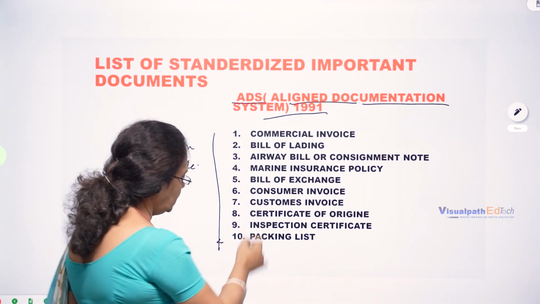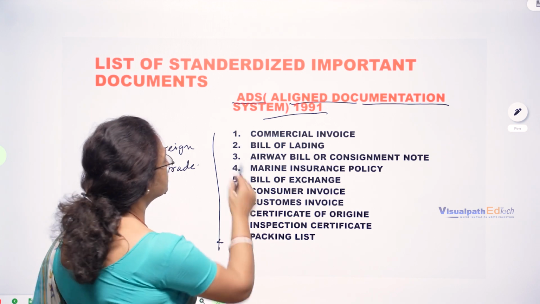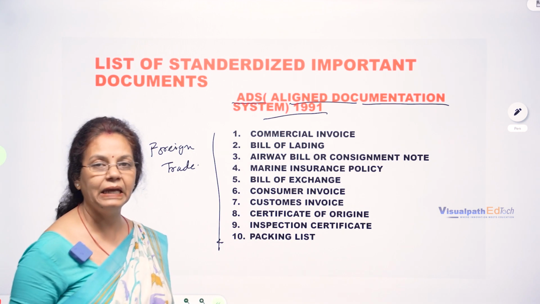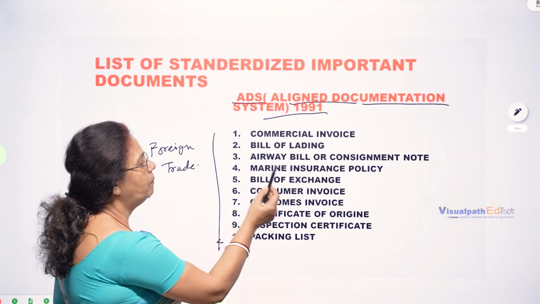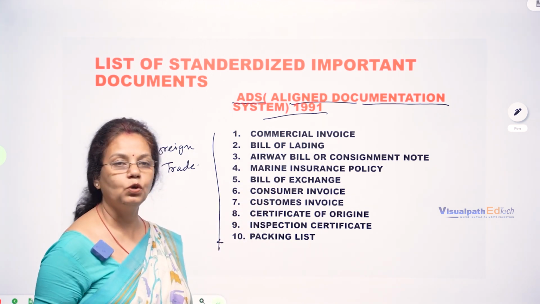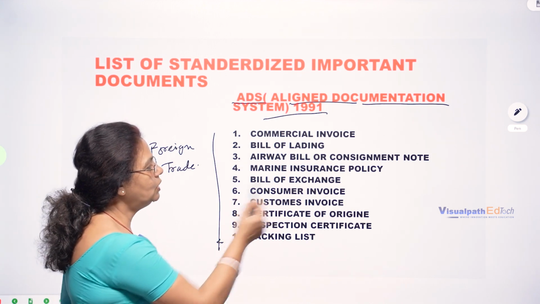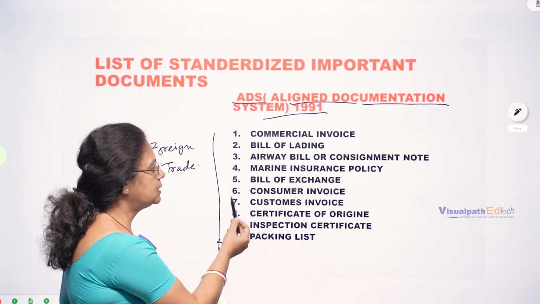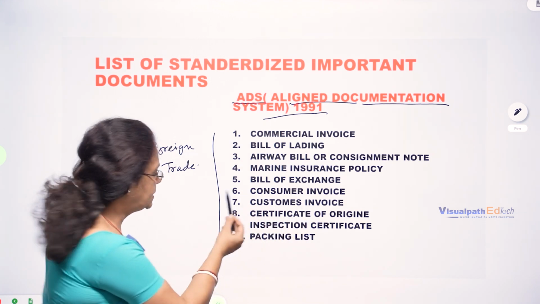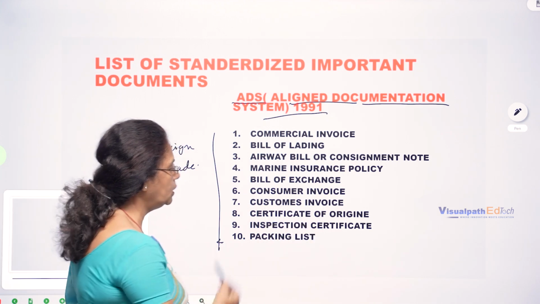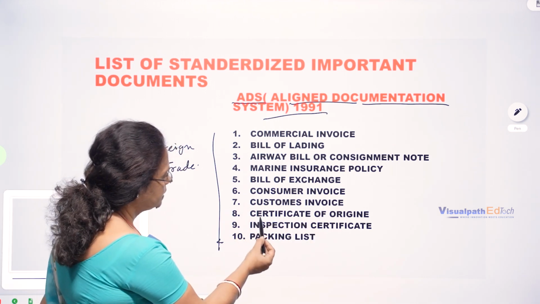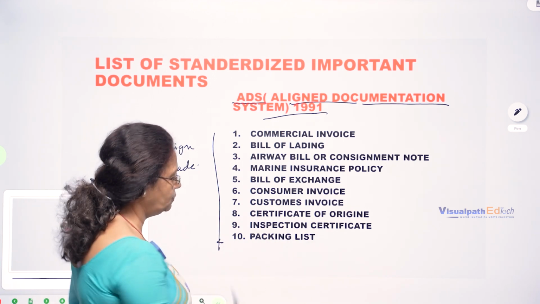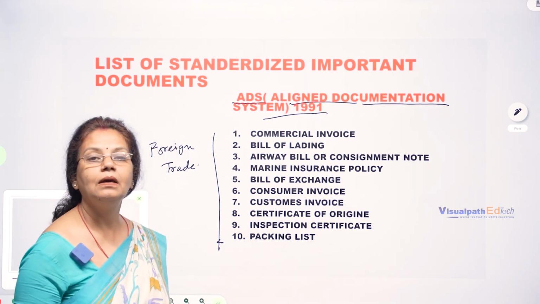The 10 documents required: the first is commercial invoice, second is bill of lading, third airway bill or consignment note, fourth marine insurance policy, fifth bill of exchange, sixth is the consular invoice, seventh customs invoice, eighth certificate of origin, ninth inspection certificate, tenth packing list.